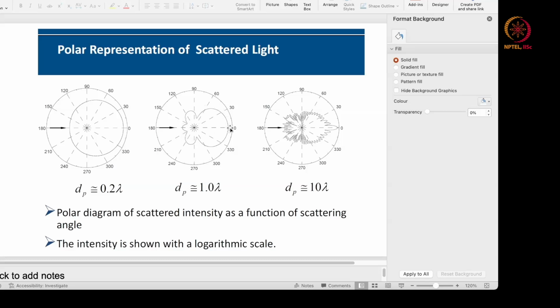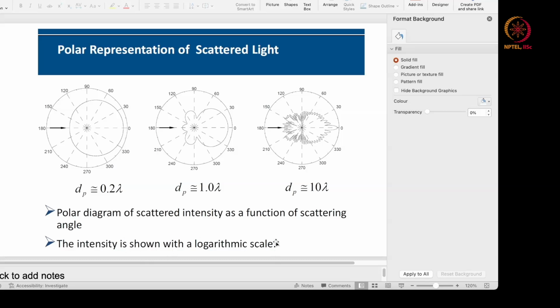Forward scattering gives you much more intensity than backward scattering. If you go to 10, you get very intricate lobes. Here also forward scattering is much more than backward scattering. But the advantage is that if you monitor backward scattering, even though it is lower, you can integrate the optics and get rid of alignment issues.